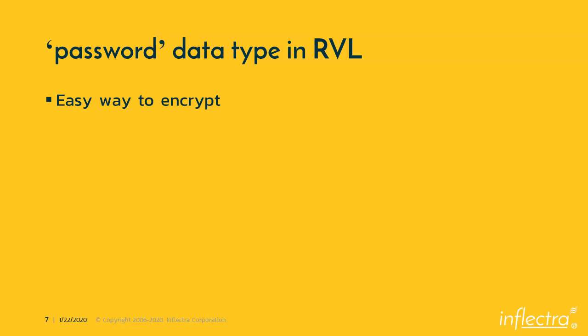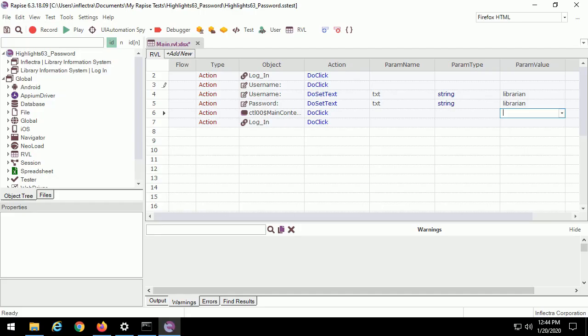RVL has explicit parameter types, making scripts more illustrative. Parameter type is also a way to achieve various goals. Now it has one more feature. It's a common requirement to hide or encrypt passwords and other sensitive data. Now it's easily possible by means of the built-in password data type.